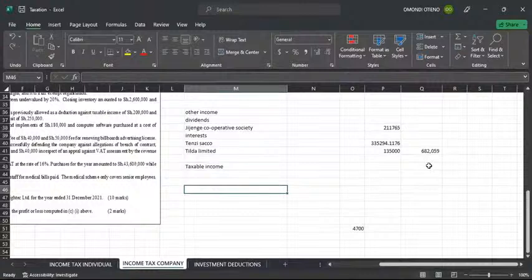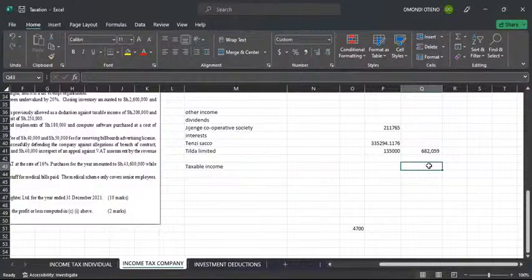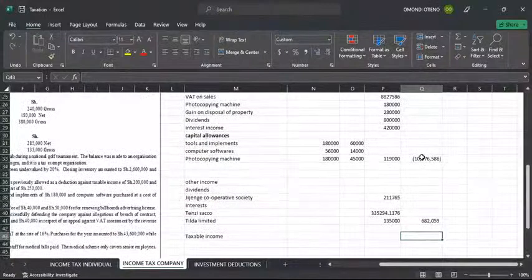Taxable income. Somebody to get us the value of taxable income down here. Taxable income ni ngapi?